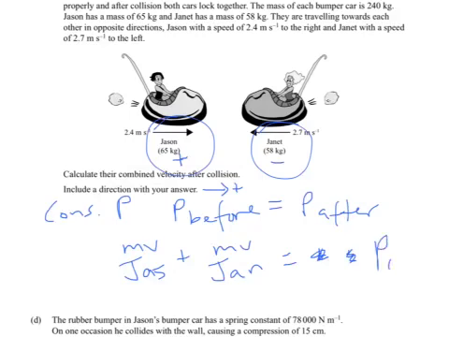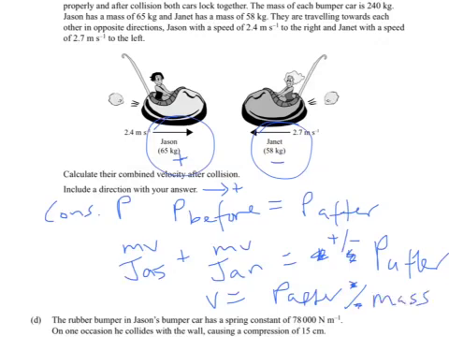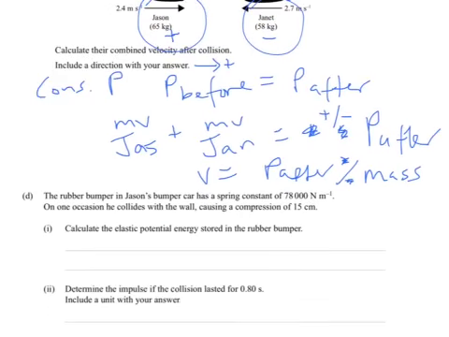So your momentum after, to find the actual speed, because plus or minus will determine the direction, you're going to have to do that momentum afterwards divided by the total combined mass, which is going to be 240 plus 240 plus 65 plus 58. So you have to include the total mass of everyone.